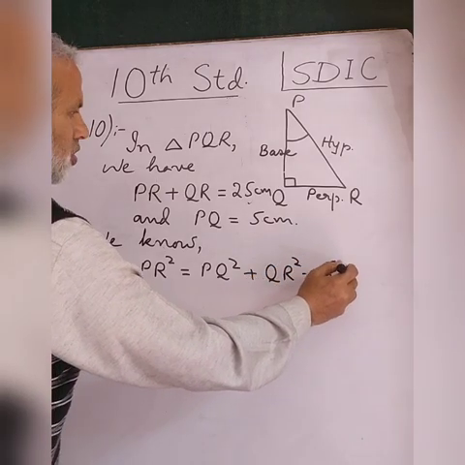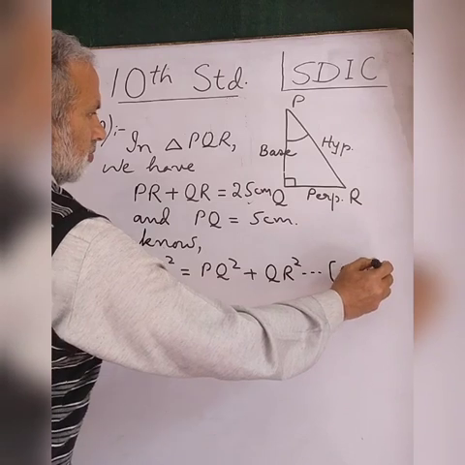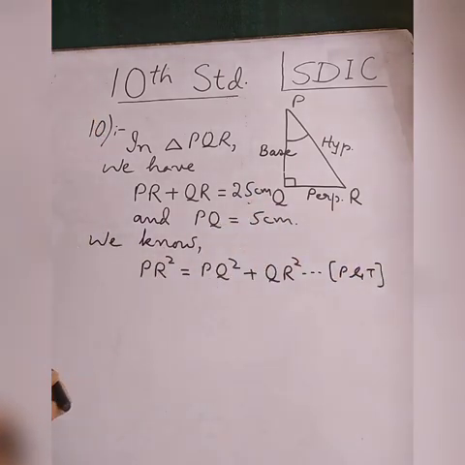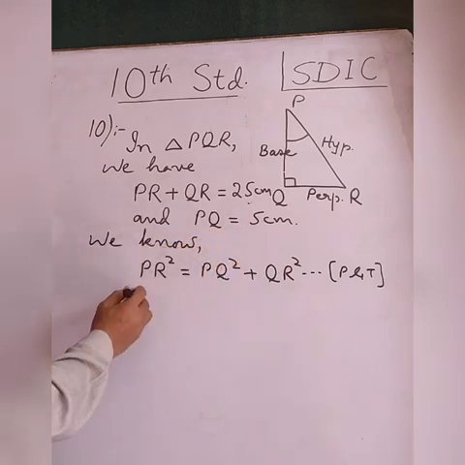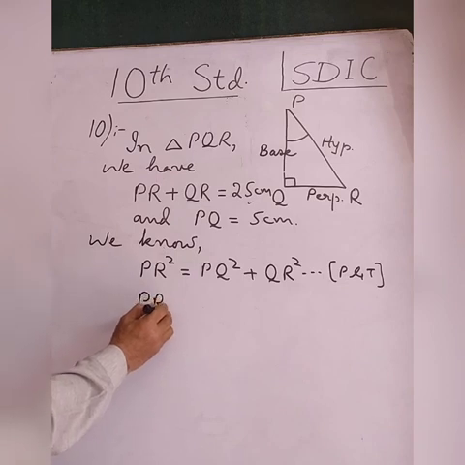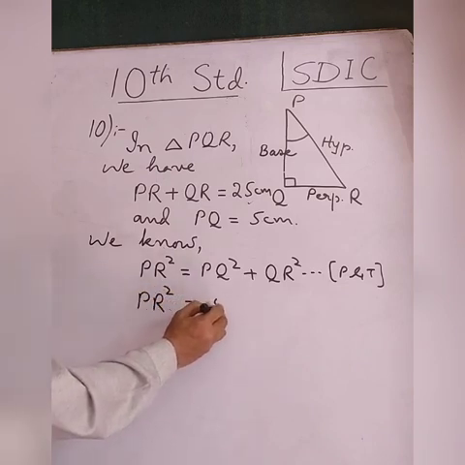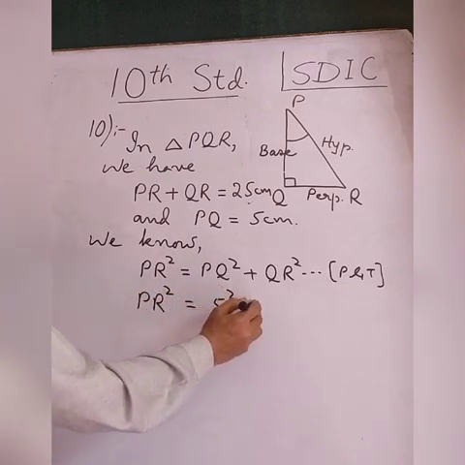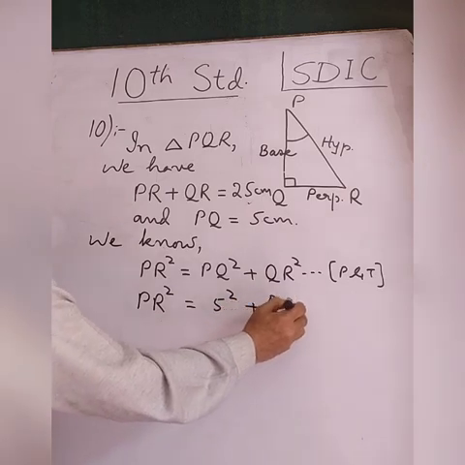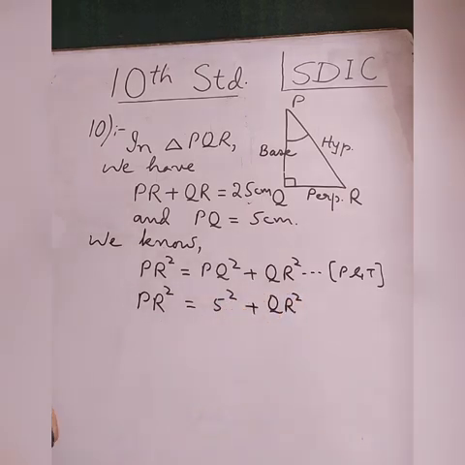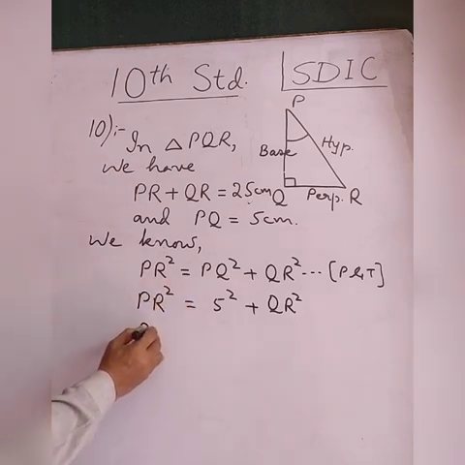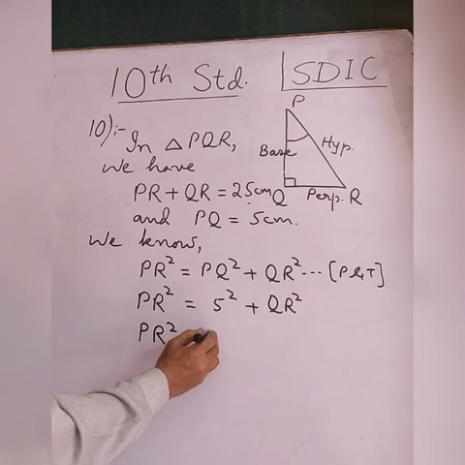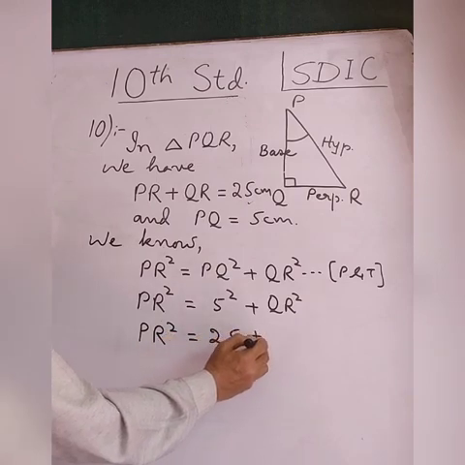This is Pythagoras theorem. Then out of the three sides, you know the measurement of PQ, 5 centimeter. Let's substitute that. So PR square is equal to 5 square plus QR square. Square of 5 will become 25. So PR square is equal to 25 plus QR square.